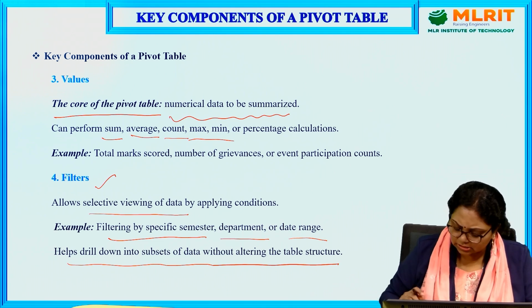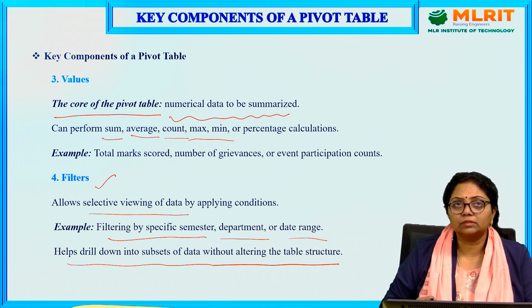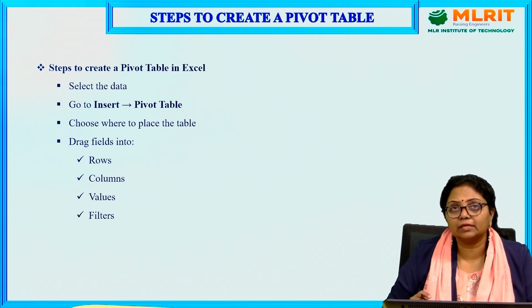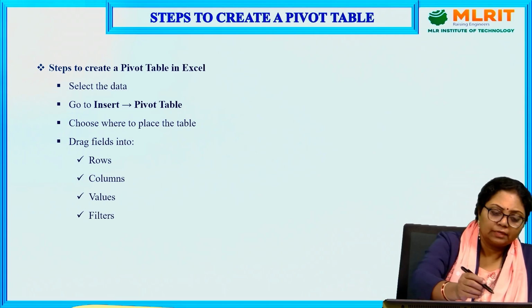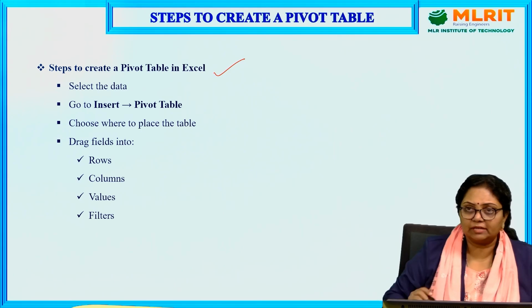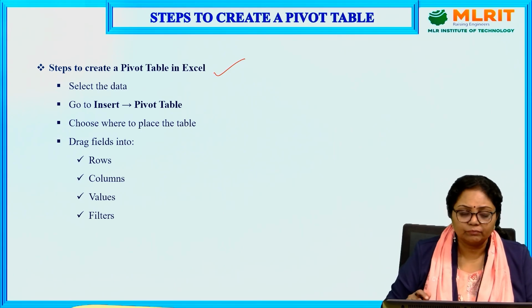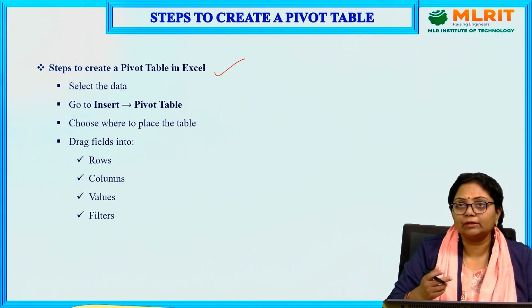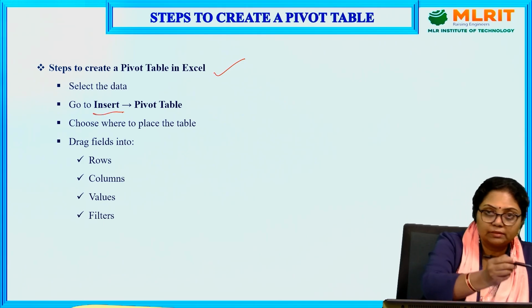The next topic is the steps to create a pivot table in Excel. Whatever data you have, we are going to select it. Click on the Insert tab in Excel.